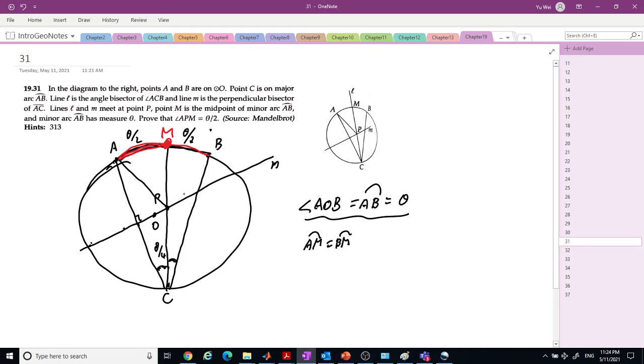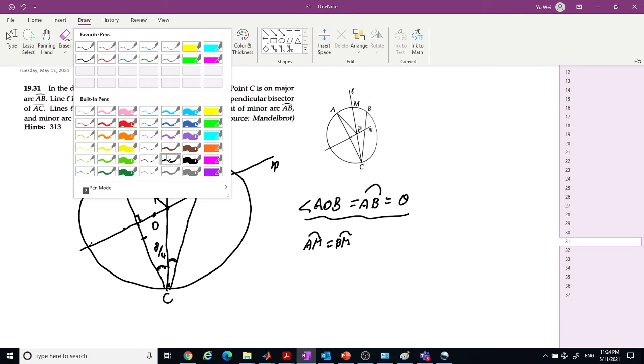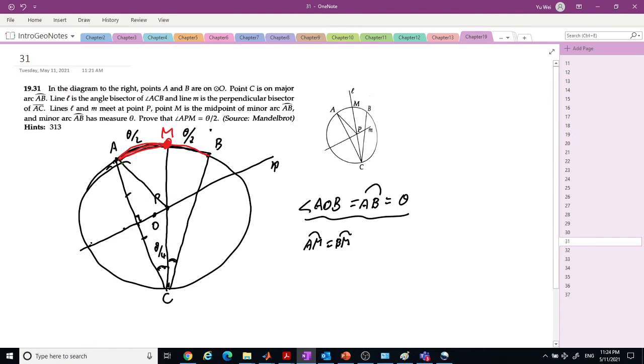Okay, and think about M as the perpendicular bisector of AC, right? That means PA is equal to PC.